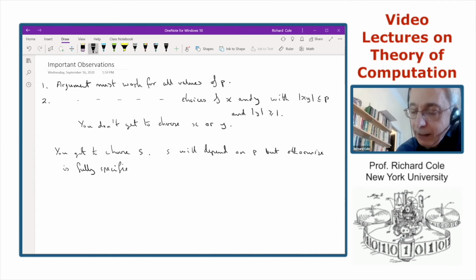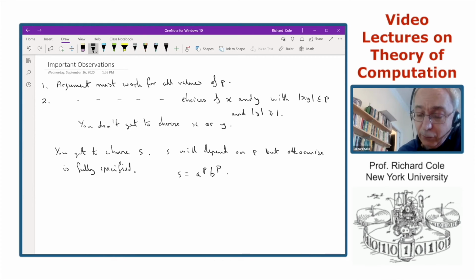So for our example language L, we had L was P A's followed by P B's. Since we didn't know P, we had to leave that as a variable. And it can appear as a variable in our string, telling us how many times to repeat a character or a pair of characters or whatever it is you want to repeat. But everything else must be specified. The characters that you're repeating have to be named.